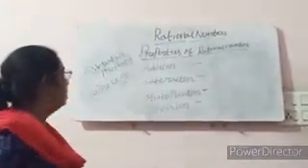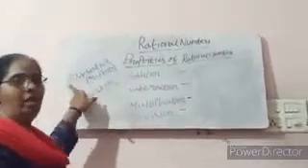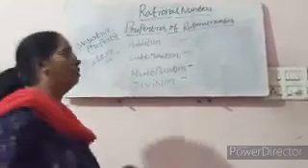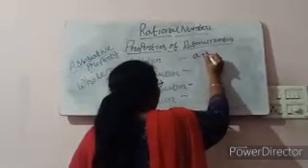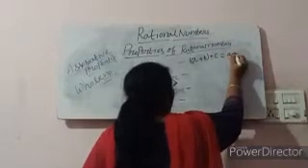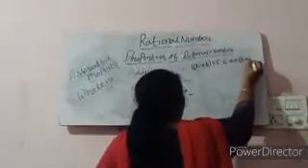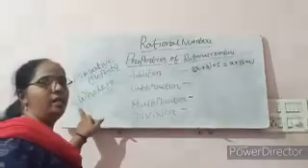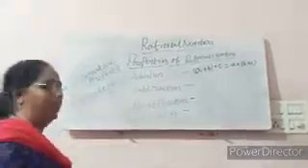Now we will see the next property, the associative property. First for whole numbers. So what is the associative property? If you change the grouping, (A plus B) plus C is equal to A plus (B plus C). So here the associative property is satisfied in whole numbers for addition.